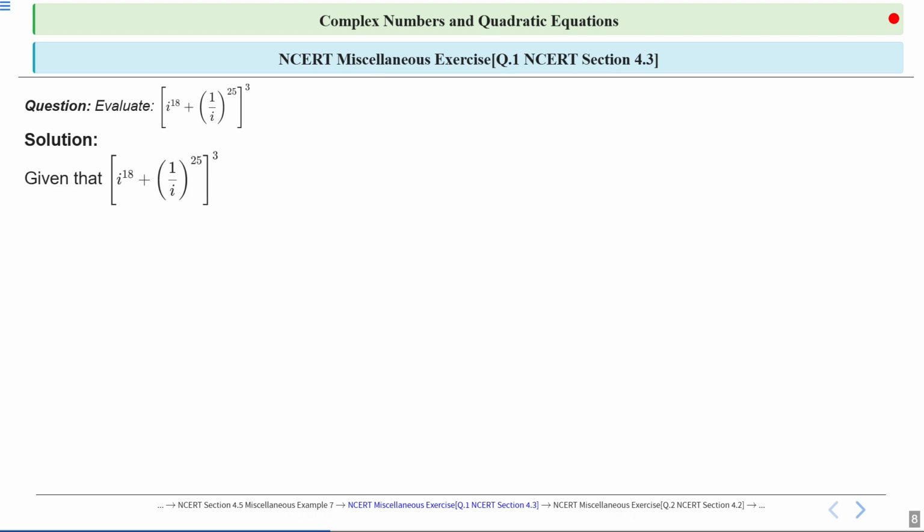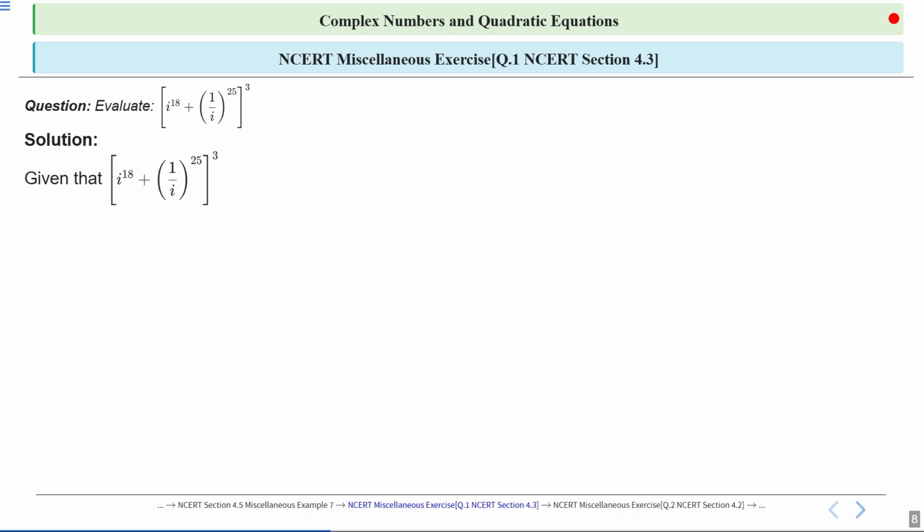Given that iota to the power 18 plus (1 divided by iota) to the power 25, whole to the power 3. Our goal is to simplify this expression. So here what can we do? We can write iota to the power 18 as a multiple of 4 plus 1, 2 or 3.